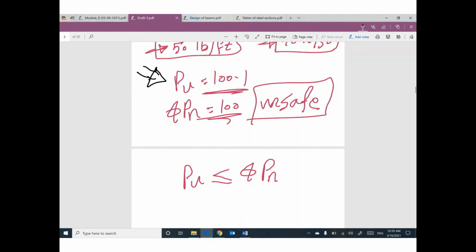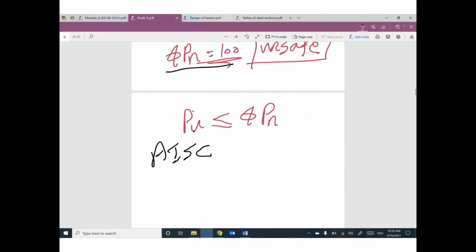You are the designer, so don't be responsible. Make sure your calculations are clear, following the rules of the standard. AISC says P ultimate must be smaller than or equal to phi PN. If you satisfy this equation, you are not responsible for any failure or collapse.